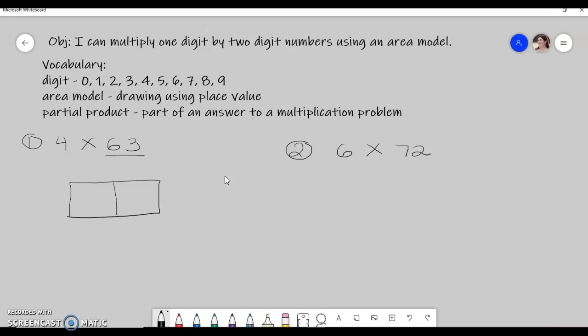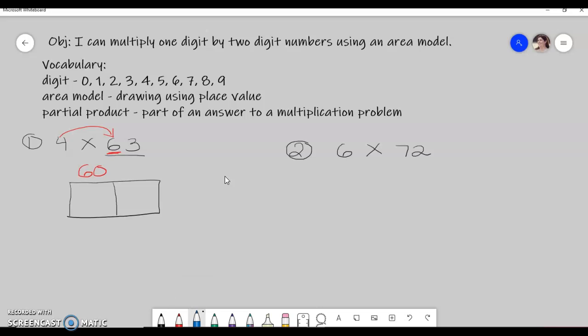Okay, now we're going to look at the tens place. So this 4 is going to multiply by the tens place first. So for this tens place right here, we have 6 tens. So I'm going to write 60 right here since there are 6 tens.